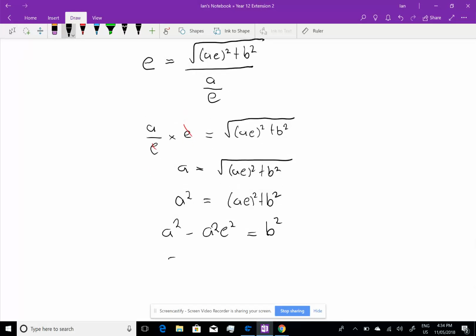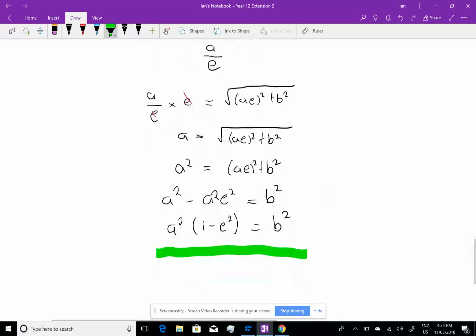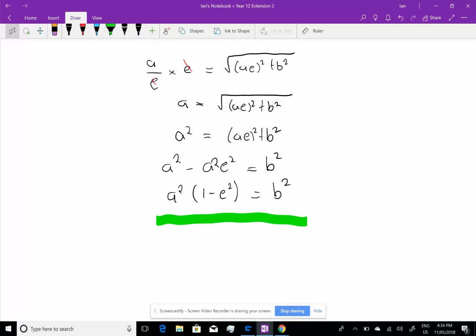Factorise out the A squared outside of 1 minus E squared equals B squared. And this is what we're going to use later on. We can rewrite this, divide by A squared, and get B squared on A squared equals 1 minus E squared.